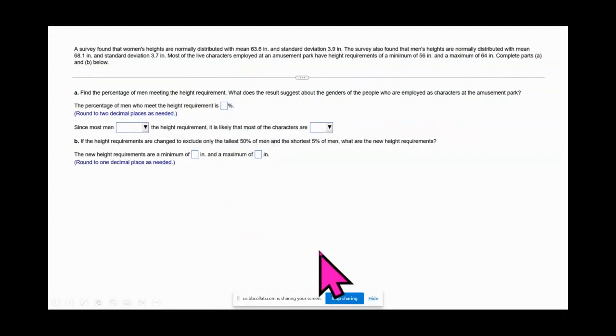Okay, let's do the first part first. So we are looking for a percentage, right? That means we are looking for the probability of randomly selecting a person whose height is between the minimum 56 to meet the requirement and the maximum 64, for men.